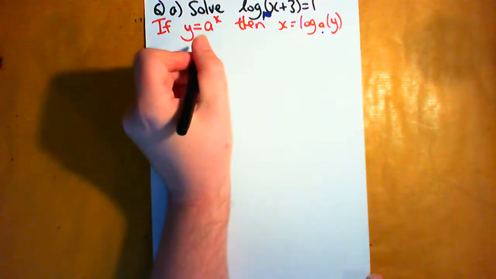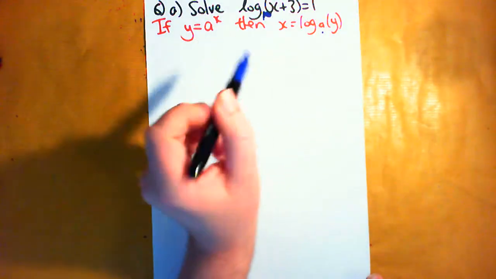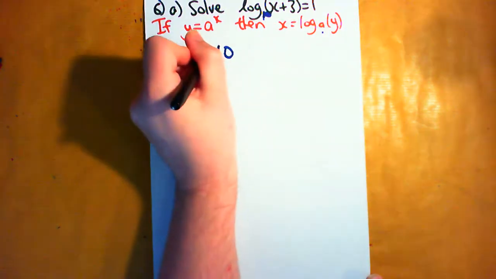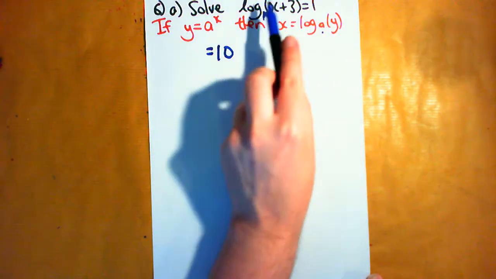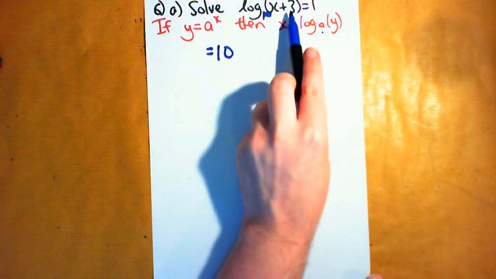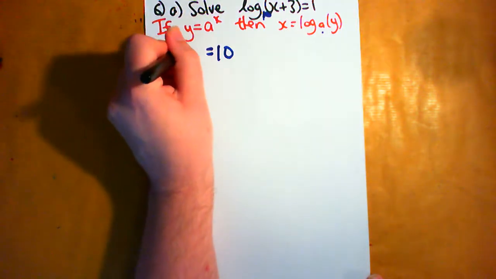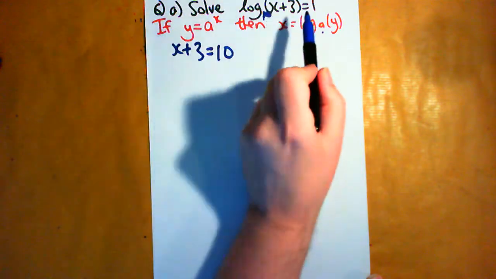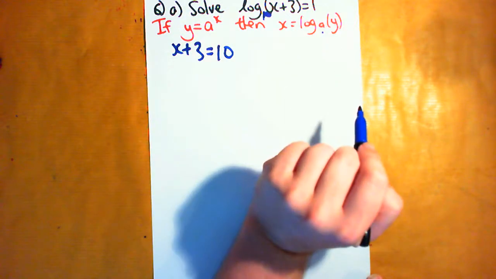So if we write it in y equals a to the x form, we've got a equals 10. And what's y? Y is what's inside the brackets after the logarithm, which is x plus 3. In this form, that's on the other side of the equation. And x is on its own on the right hand side here.